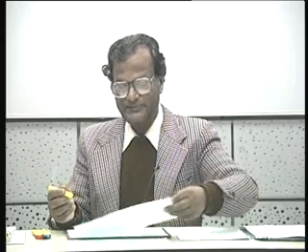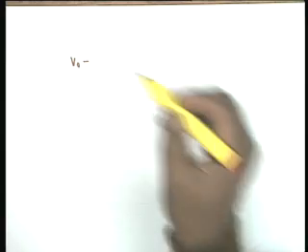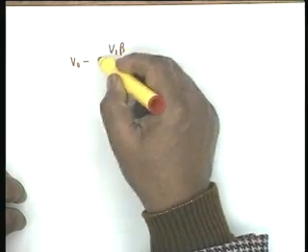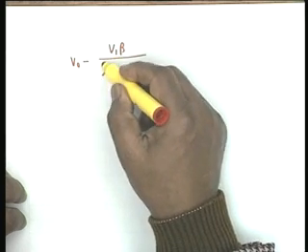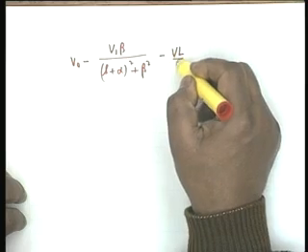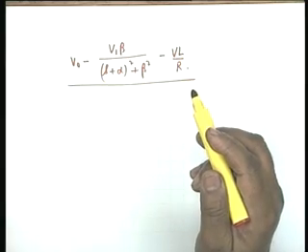And if I write systematically, it would be V0 minus V1 beta divided by (s plus alpha) whole squared plus beta squared, minus VL by R. Is that clear? There are two sources.